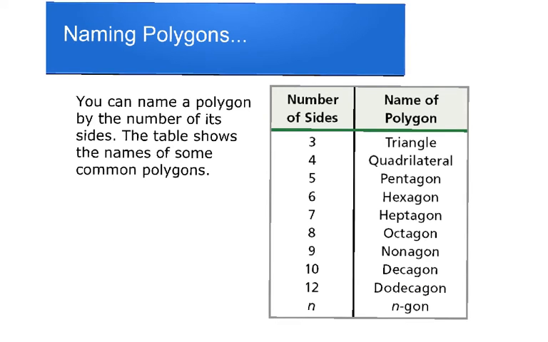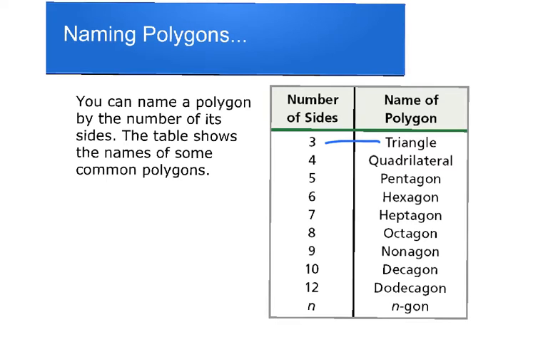Okay, naming polygons according to the number of sides they have. Here's a list right here, and I encourage you very much to learn this list of names because it's not only useful in this chapter, but on many other chapters that we're going to be learning in this geometry class. So we have 3 sides.